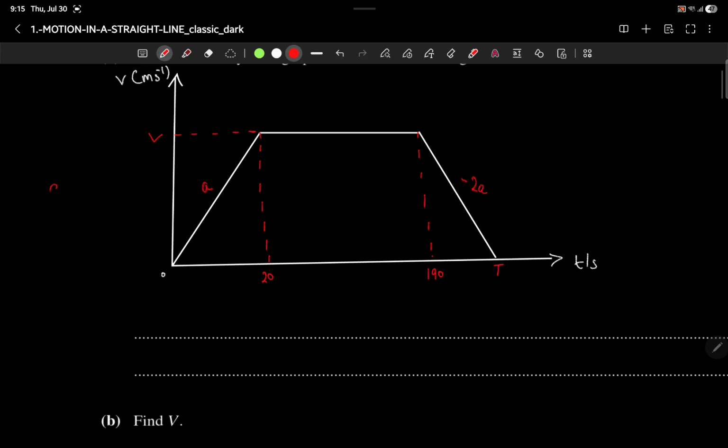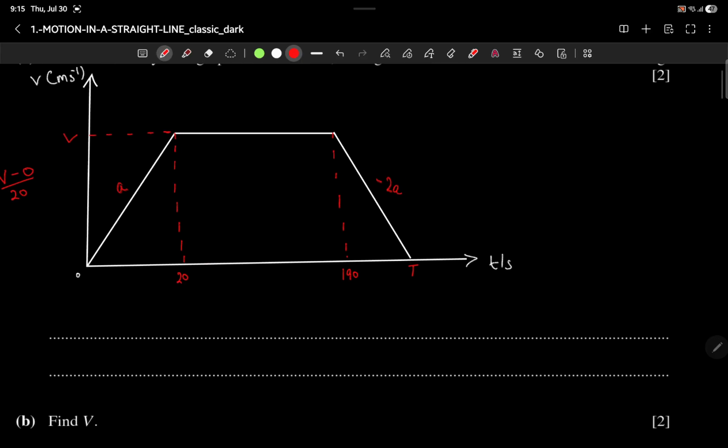What's the formula for acceleration? Acceleration is final minus initial, divided by time. So final is v, initial is 0, and the time taken is 20. What about the deceleration? Same as that: final speed, which is 0, minus initial, which is v again, divided by the time.